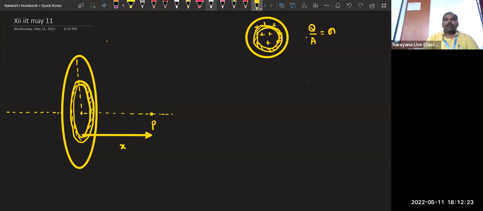Let's say the radius of the ring is y meters. What is the thickness of this? dy meters. And what is the charge on the elementary ring? dq coulombs. As it is a positive charge, the electric field due to the ring will be directed away.